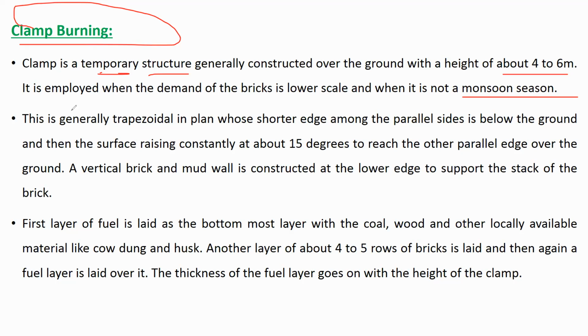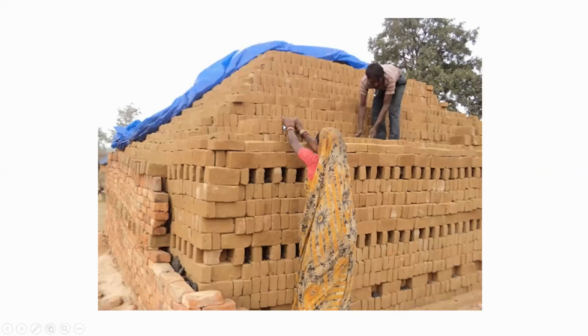Here you see what it is telling in the clamp burning. You see in the figure, it is in a trapezoidal shape. So the width and length will go decreasing as you go up in height.